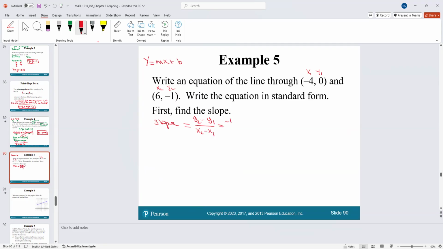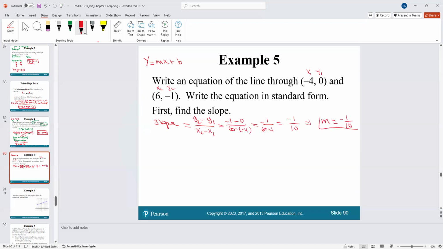It is negative 1 minus 0 over 6 minus negative 4. So we end up with negative 1 over 6 plus 4. It's negative 1 over 10. Now, this is our slope, so we call this slope m equals negative 1 over 10.